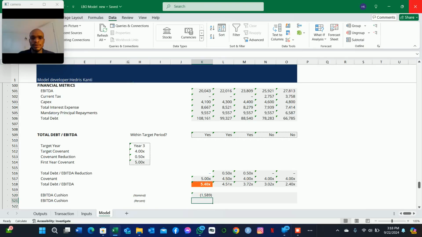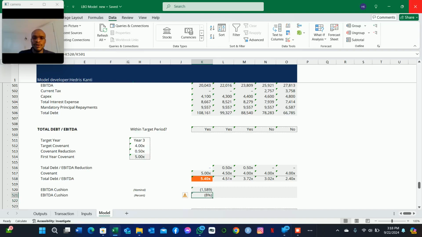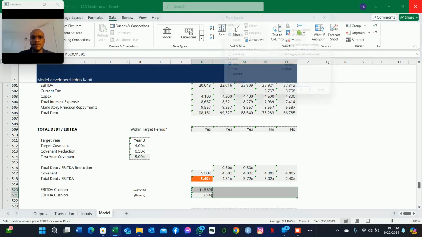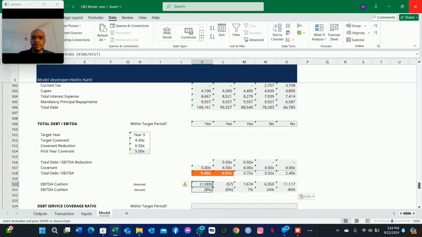So the EBITDA quotient in percentage basis is gonna be equal to whatever we have here, and we divide it by our total EBITDA for that year. You can take this, copy all the way across the formulas.